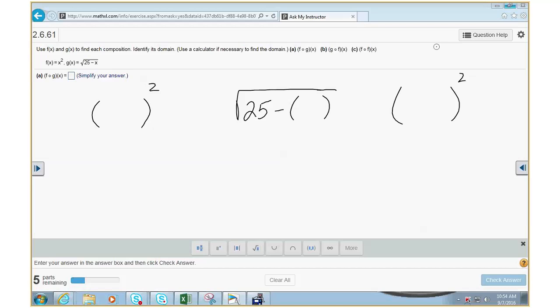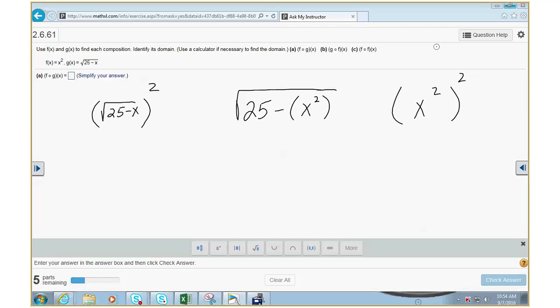Now what goes in f of g? What goes in here? The g. Square root of 25 minus x. What goes in g of f? x squared. And what goes in f of g? And there's your three answers.